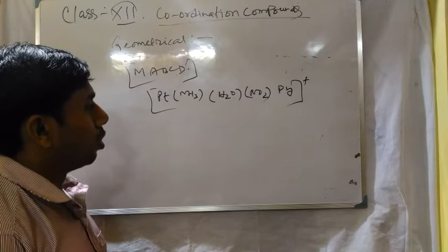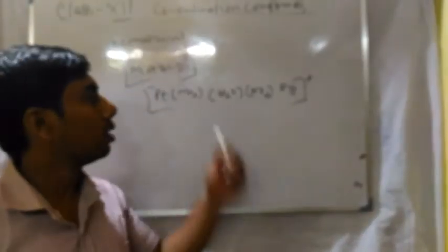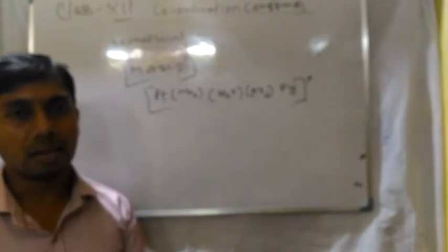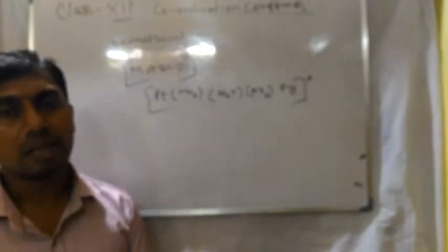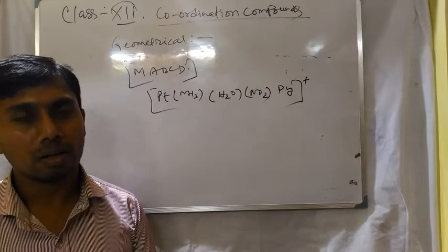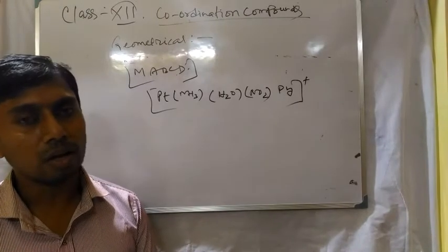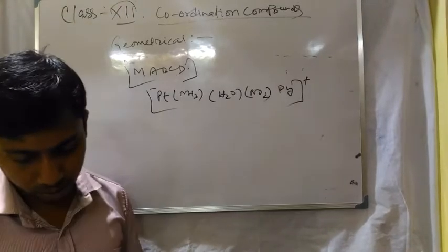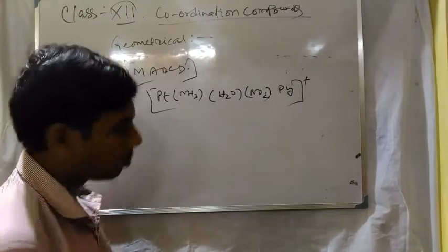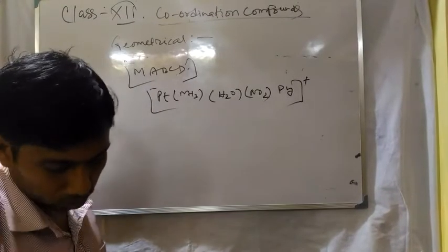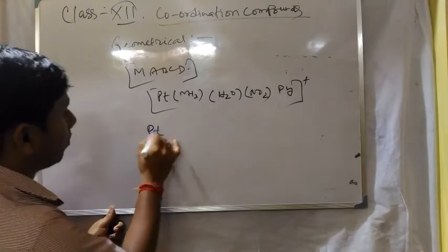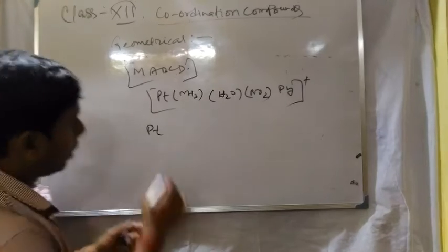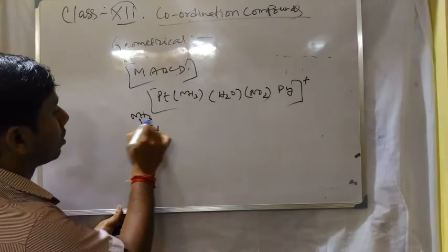Now, in that type of complex, we have to fix one ligand and displace the rest. We have to fix one and displace the next one. For example, suppose platinum is there. Now NH3 is drawn here.